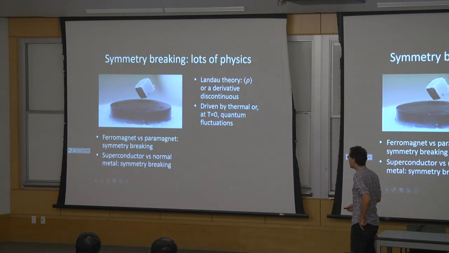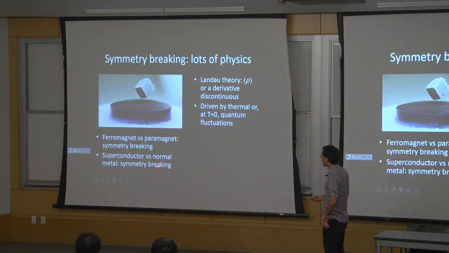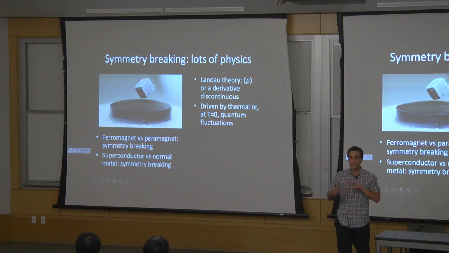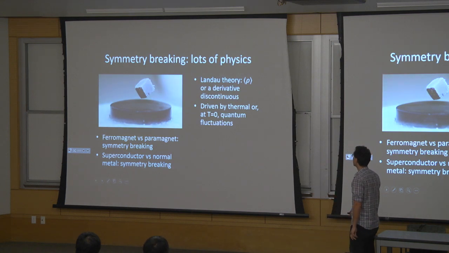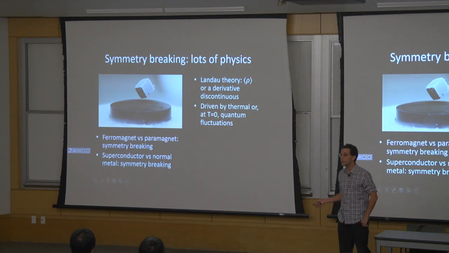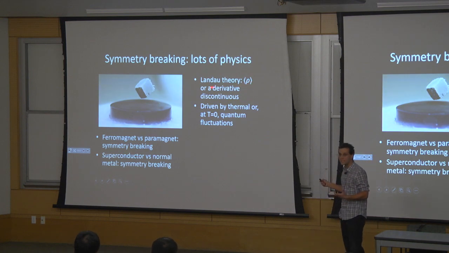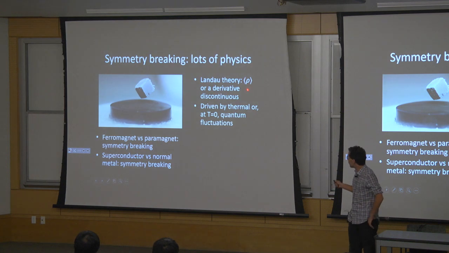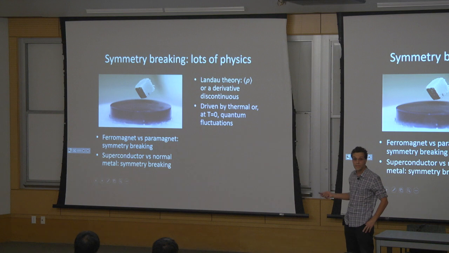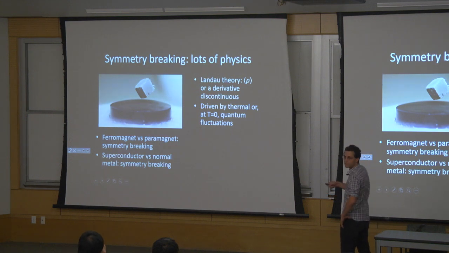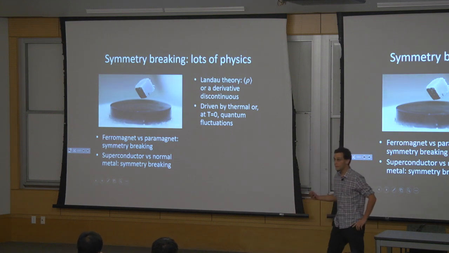Both the ferromagnet and the superconductor are basically consequences of broken symmetry. They're different symmetries that are breaking, but they're both distinguished from a normal metal or from a paramagnet by the breaking of some symmetry, spin symmetry or gauge symmetry. Going back to the time of Landau, it was understood that when you have this type of symmetry breaking, the expectation value of whatever operator characterizes that symmetry breaking, in the case of water vapor, that's just the density of water molecules, but it could be any number of things, is either going to be discontinuous or some derivative of it will be discontinuous, depending on the type of phase transition.